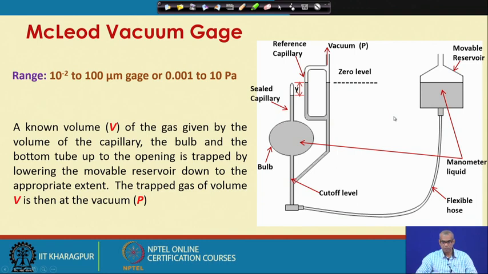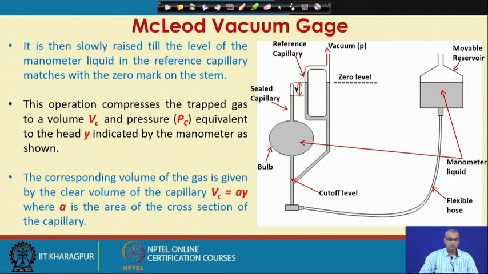Now, the movable reservoir is slowly raised till the level of the manometer liquid in the capillary reference matches with the 0 mark on the stem. This operation compresses the trapped gas to a volume Vc and pressure Pc, equivalent to the head Y indicated by the manometer as shown.